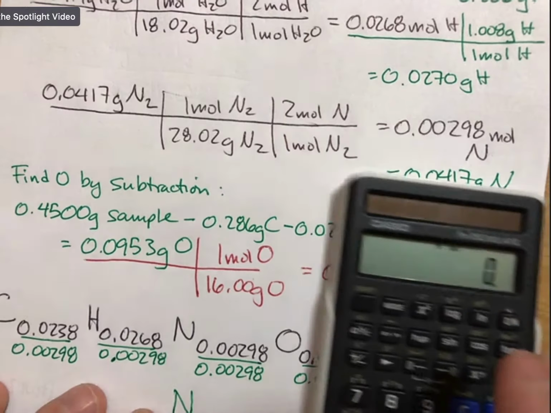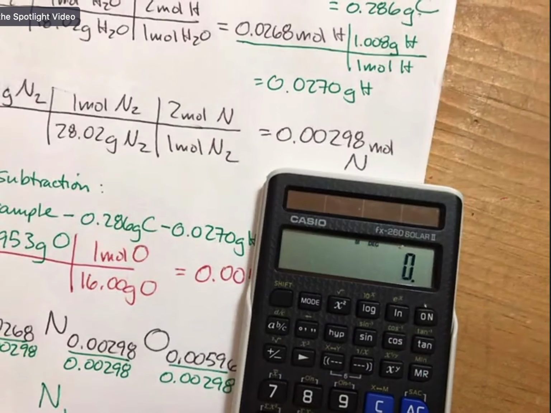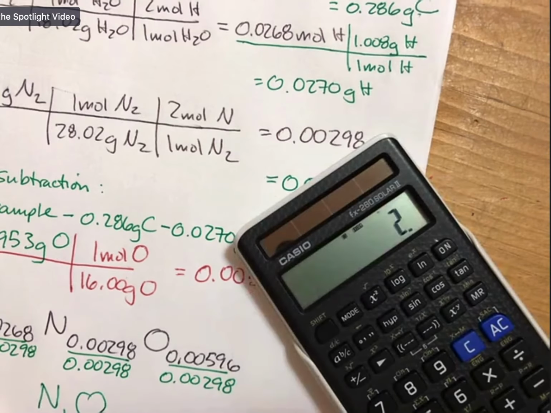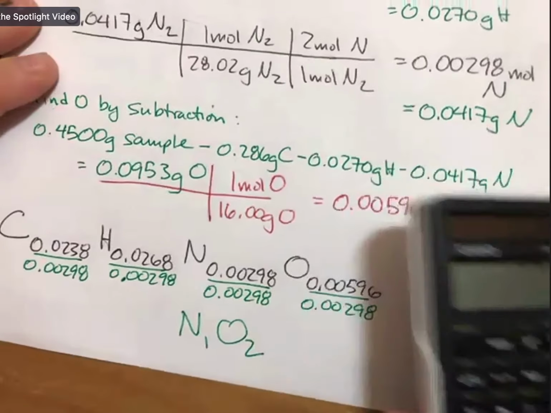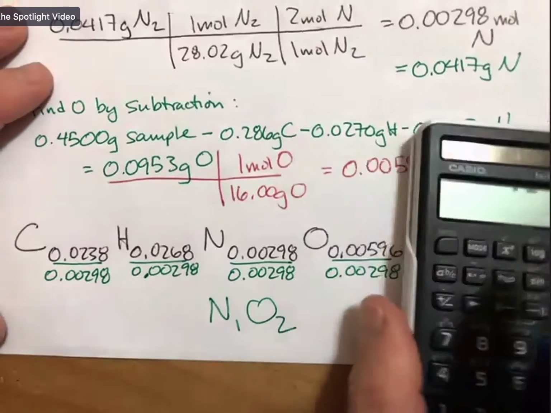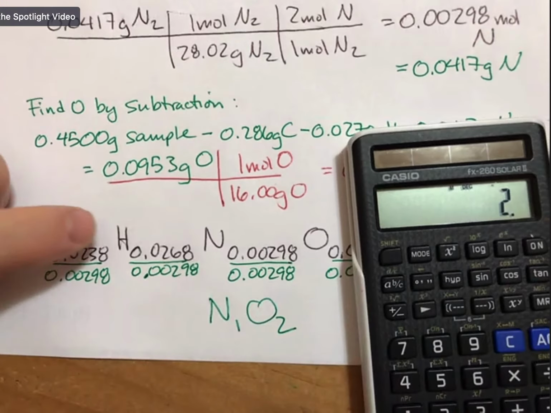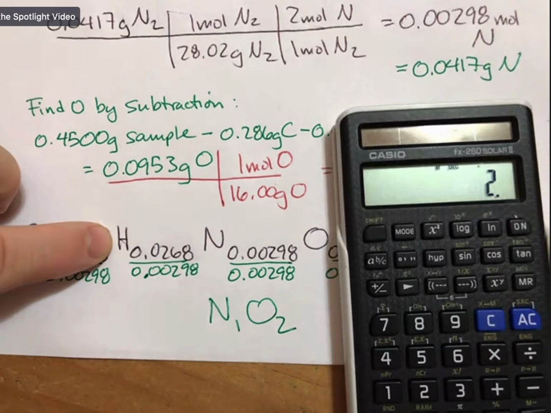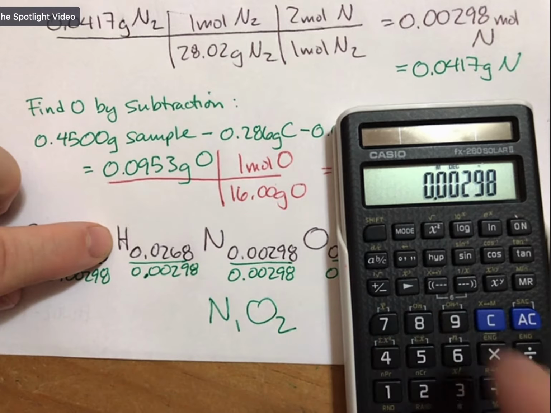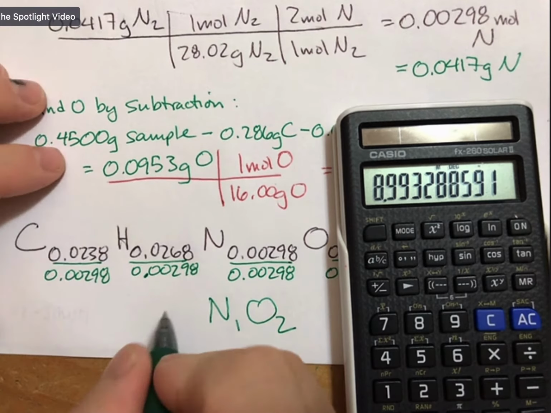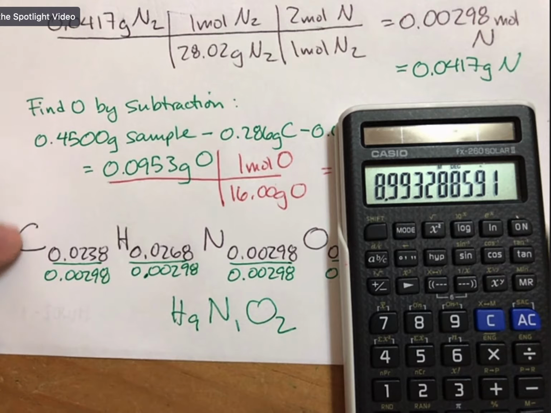Oxygen is going to be 0.00596 divided by 0.00298. 2. Perfectly. I like it. Now, hydrogen is going to be 0.0268 divided by 0.00298. 8.99, so 9.